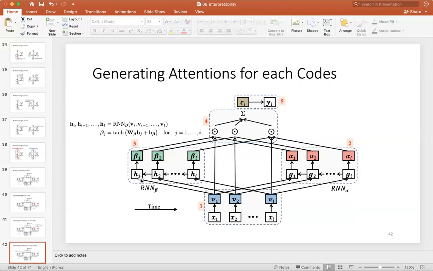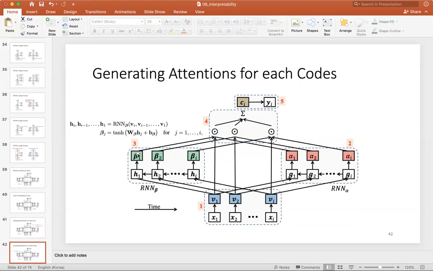Here we're still using an RNN, but instead of generating the scalar alpha weights like here, we're generating a vector at each time step. So betas, like beta 1, beta 2, beta i, are not scalar values, because what we're trying to do here is derive the attention distribution for all the codes in each time step.